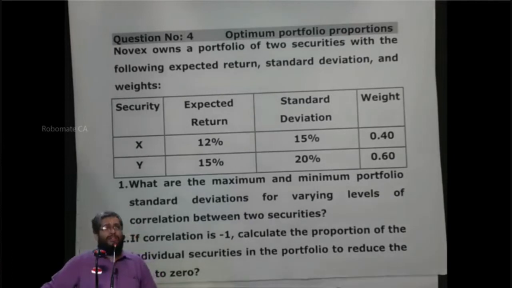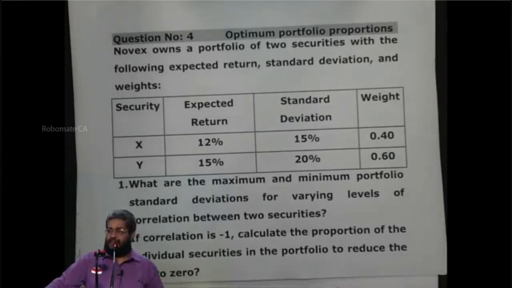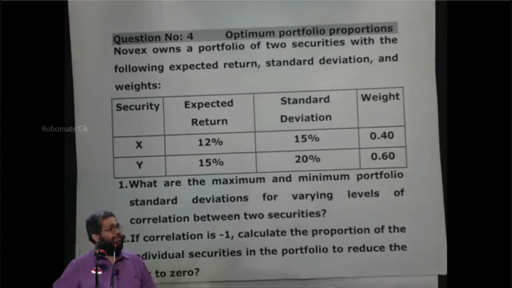Next, we saw how an individual security can have a risk and return. A portfolio of securities too will have an expected return as well as risk. What is a portfolio? Portfolio means a group of assets. We call it a portfolio. Now we saw how to calculate the expected return and risk of a portfolio.